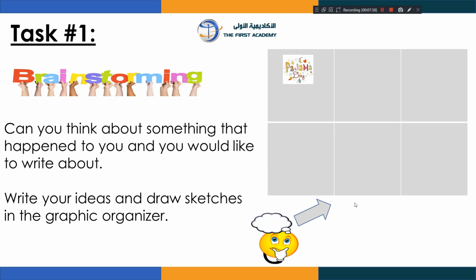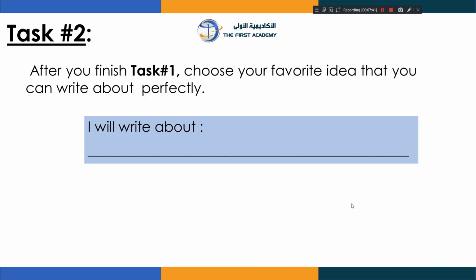And then we go to task number 2. Here, after you finish task number 1, you choose your favorite idea that you can write about perfectly. That means you will tell me what's your topic. You will tell me in a sentence, what are you going to write about? I will write about the day that I got my pet. Or I will write about the day we had a pajama day at school, or anything you want to say that happened to you.